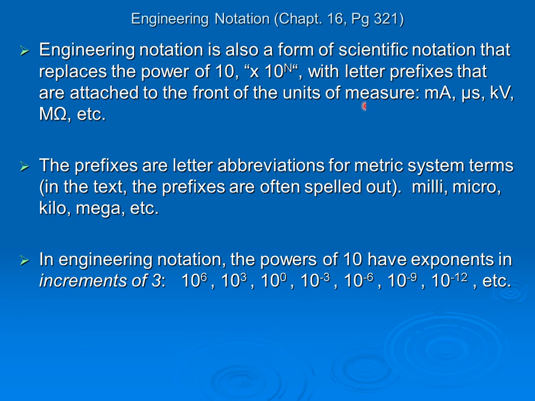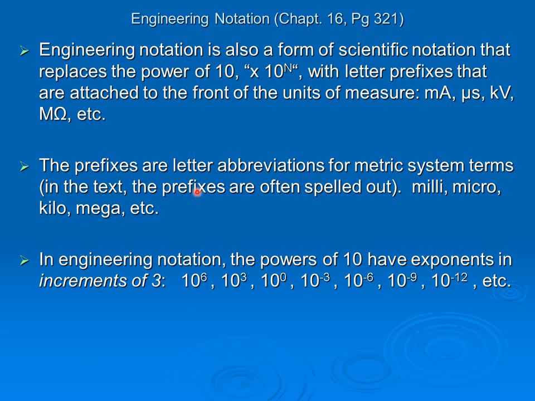And instead of the engineering notation, we just use some engineering prefixes. These prefixes are letters, or abbreviations of terms like kilo, mega, milli, micro. But all the engineering notations come in as power increments of 3.